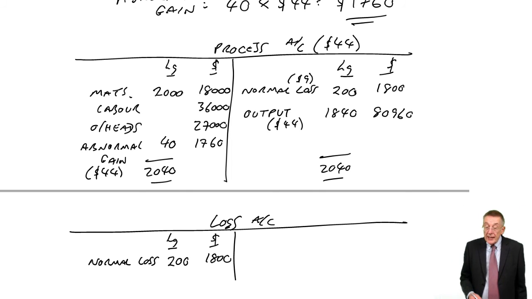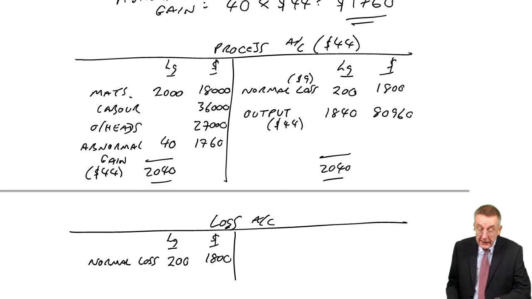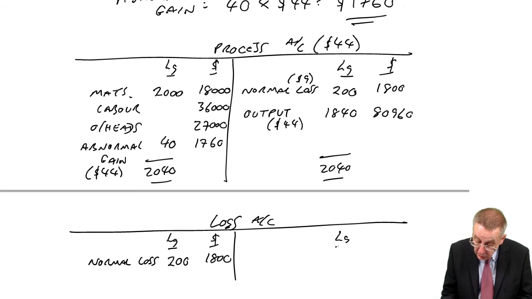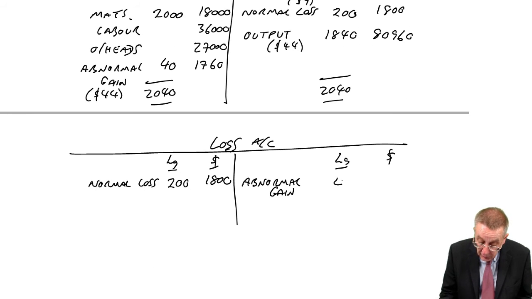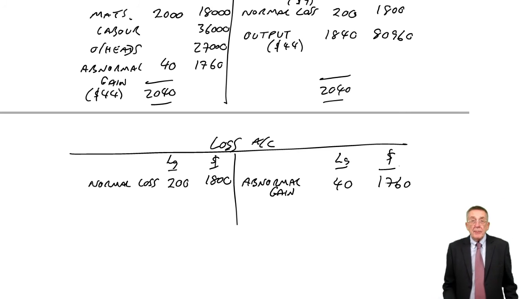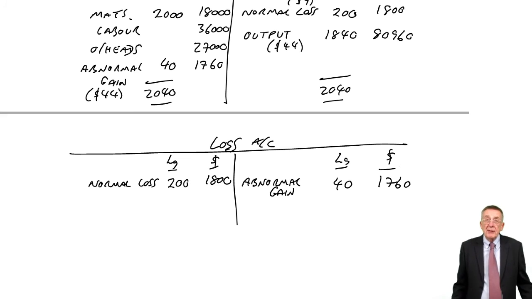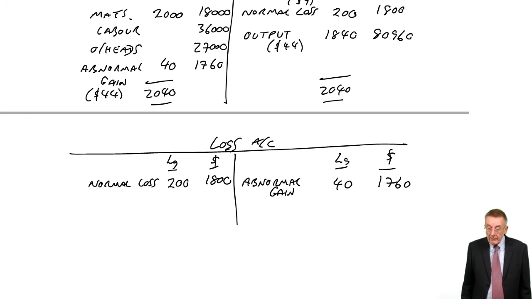And the double entry: debit the process account this time and credit the loss account with the abnormal gain. 40 units, $1,760. Some people have a separate gain account, but that would never be relevant in the exam. We put it all to this loss account.